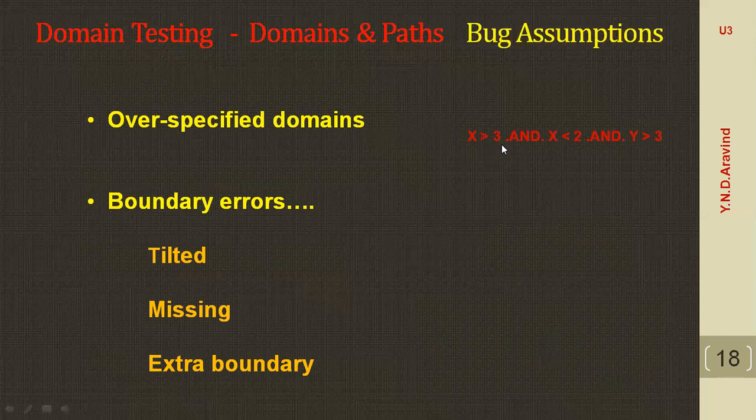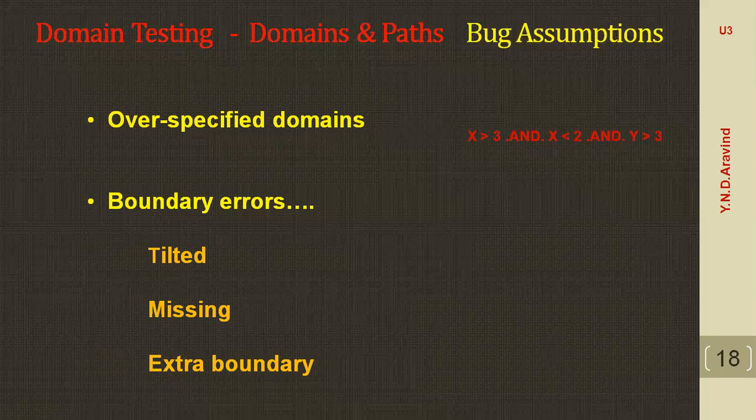It can never happen. That is what we call an over specified domain, which is unachievable. X is greater than 3 and x is less than 2, so both conditions have to be true, which is unachievable. Such errors we call over specified domains.